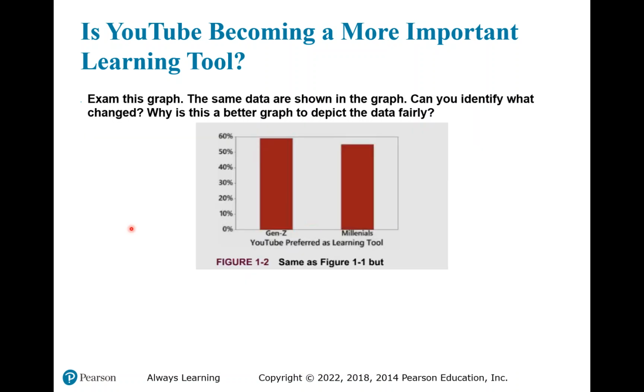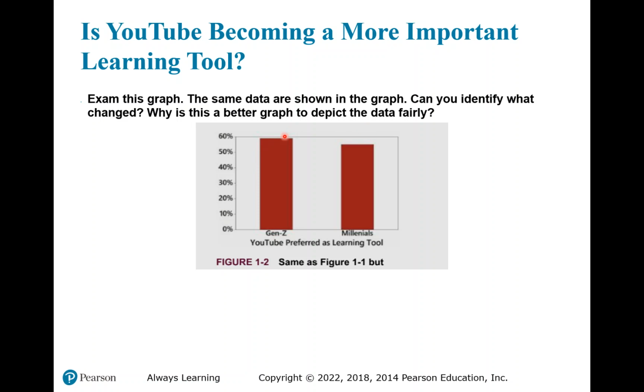The same data are shown in this graph below. Can you identify what changed? And why is this a better graph to depict the data fairly? So visually, we can see that now the heights of the bars aren't so far apart. However, if we look at the actual height of the bars, their totals have not changed.